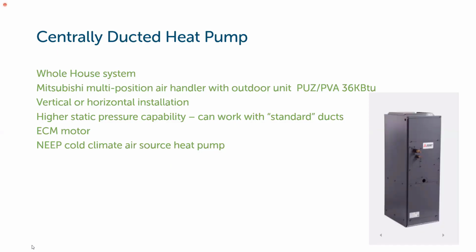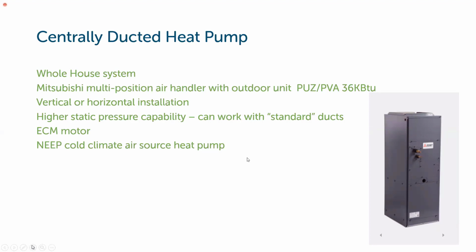So when we look at some of our options for heating buildings with heat pumps, doing centrally distributed systems, we're looking at options that are going away from putting mini split heads throughout the building. We're talking about fully distributed or centrally distributed systems. So, centrally ducted heat pumps. This is essentially an HVAC air handler, but it has a refrigerant coil from an outdoor condenser unit.